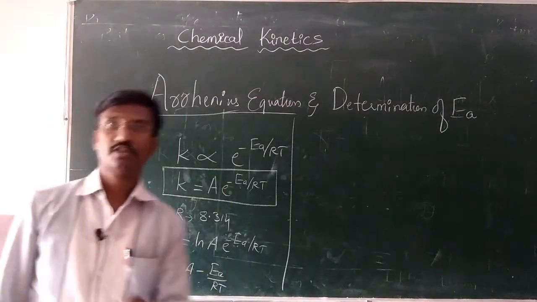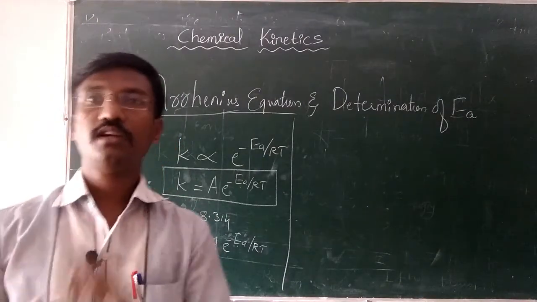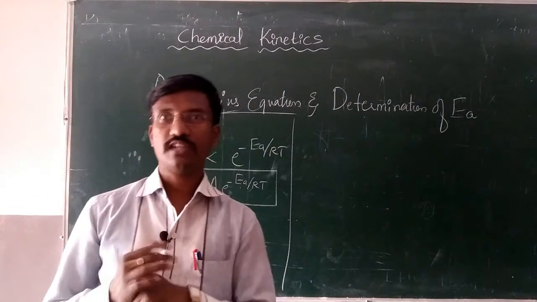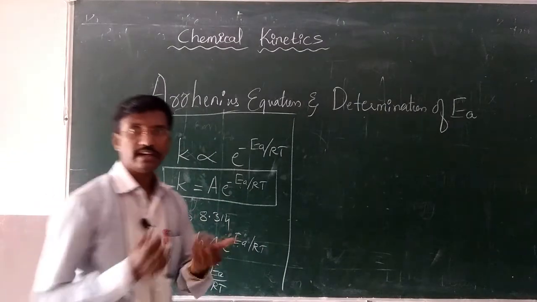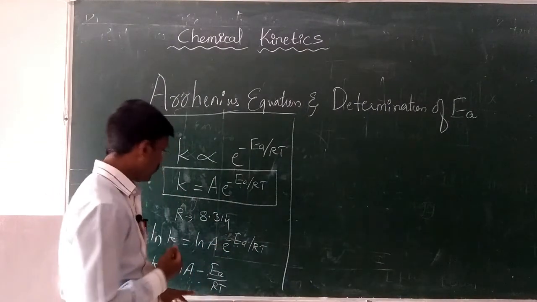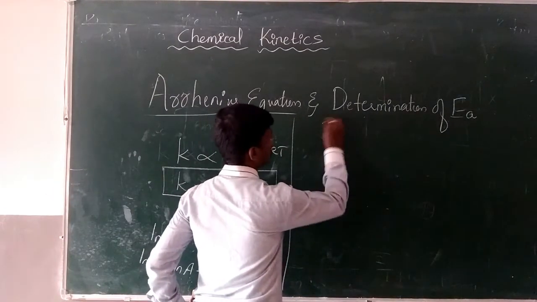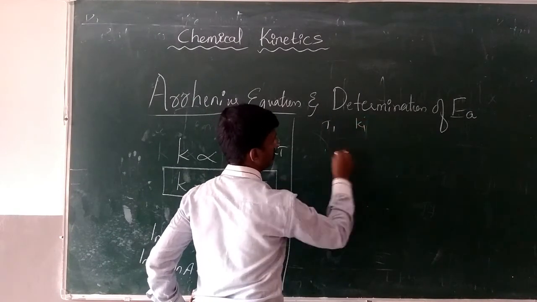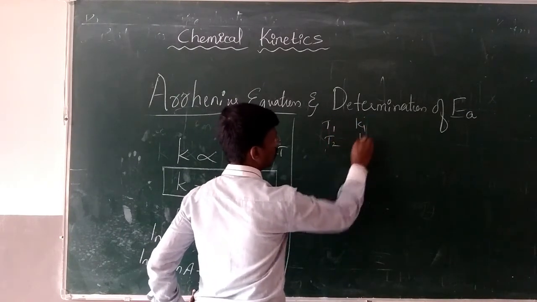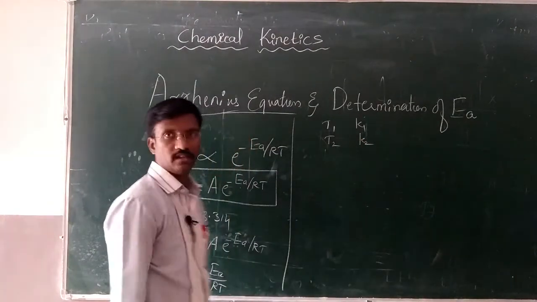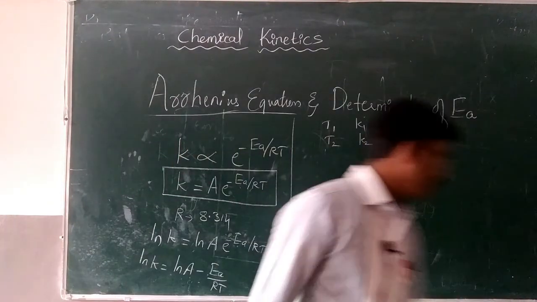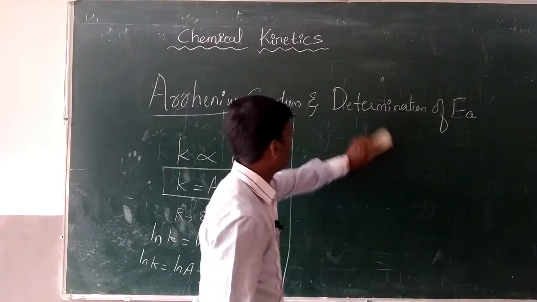In the last topic, temperature coefficient, we observed that the rate constant depends on the temperature. As the temperature changes, the rate constant also varies. So when the temperature is T1, k is k1. When the temperature is T2, the rate constant is k2.